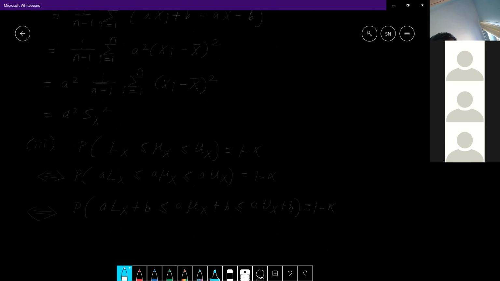And now, according to the question, you should look at part 3 of the question. What I have just written is the probability that Ly less than or equal to mu y less than or equal to Uy is 1 minus alpha.